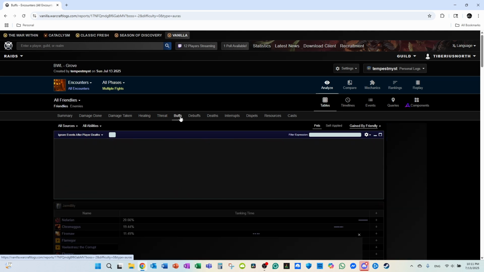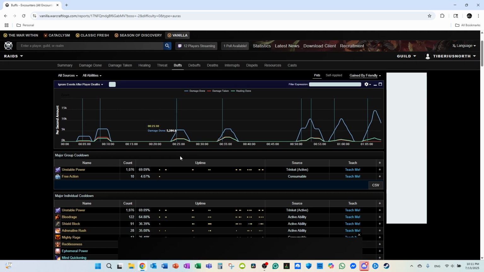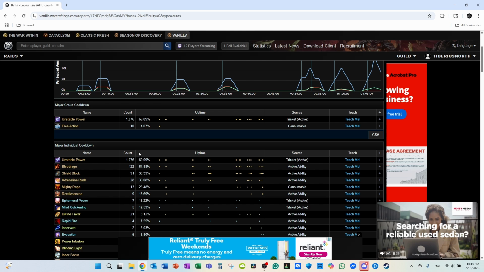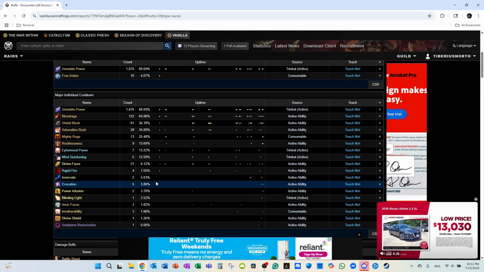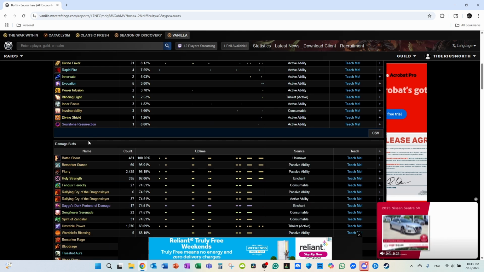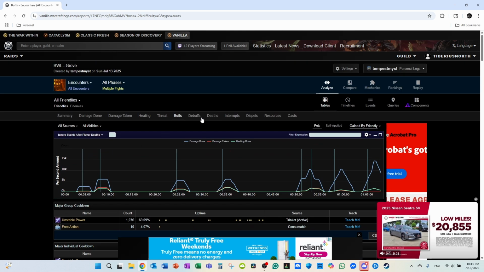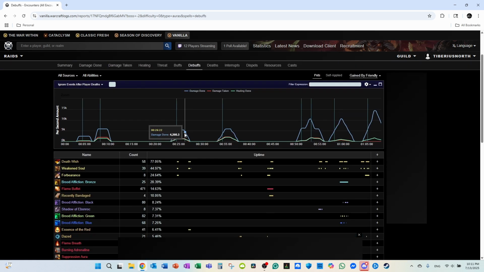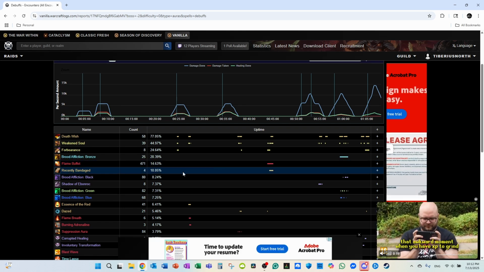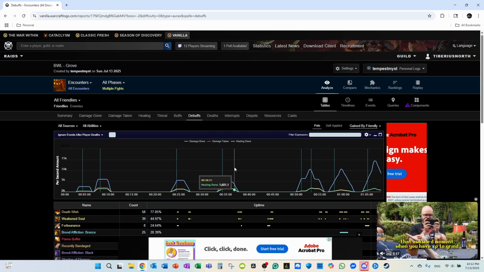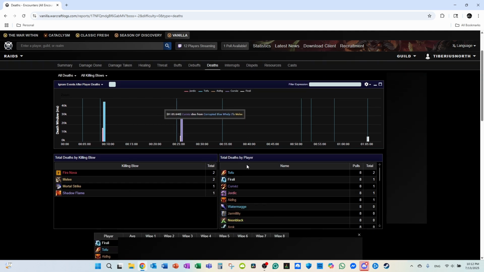Then we can look at buffs. So you can see it's a very detailed amount of information here. Major individual cooldown, damage buffs. You can look at debuffs. So that is debuffs given by enemies to players. You can see deaths.